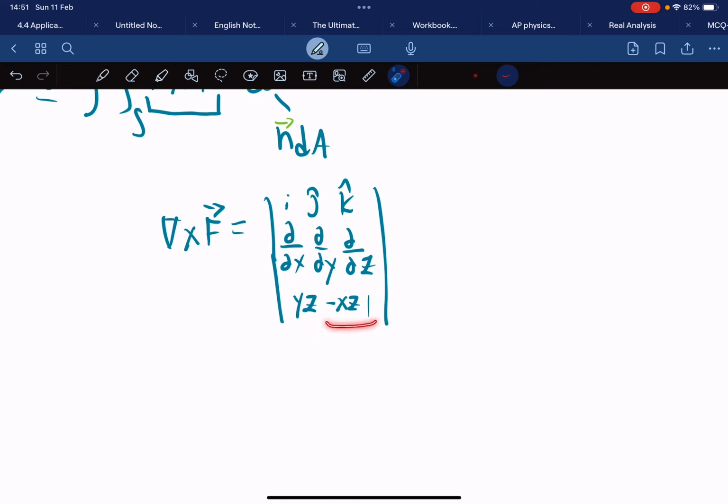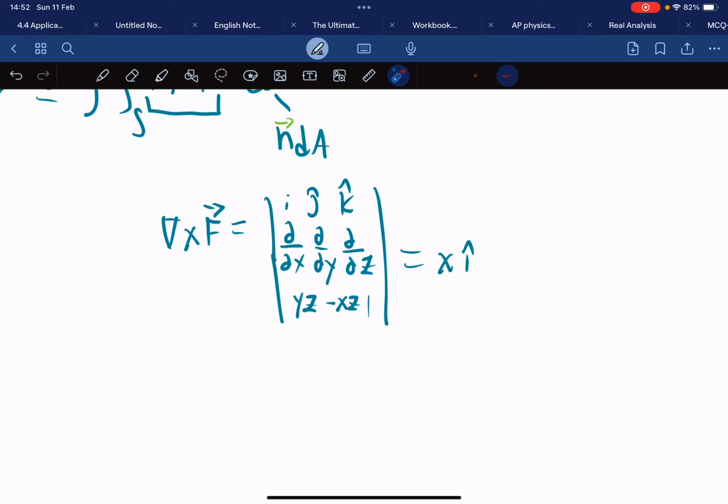So now when we compute this, first we get the determinant of this. This is going to be 0, since the partial derivative of 1 with respect to y is just 0. And then this is going to be negative x, but then we subtract that. So this equals x i. And then we cross this, and we cross that, and it's going to be this multiplied by that minus that multiplied by that.